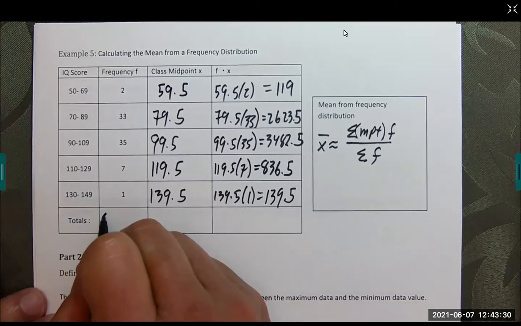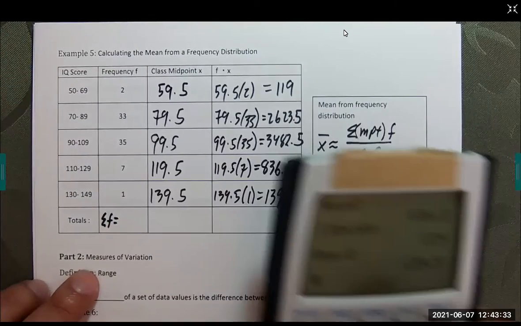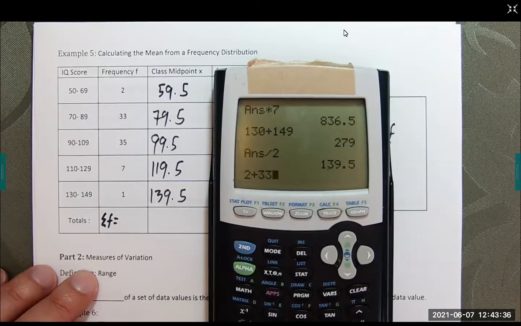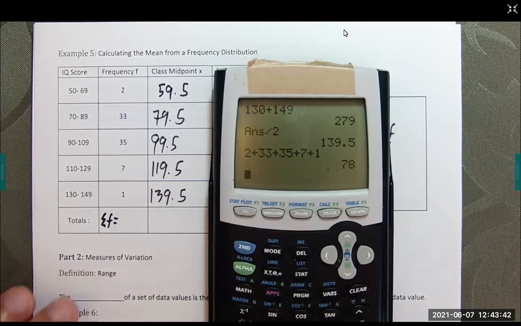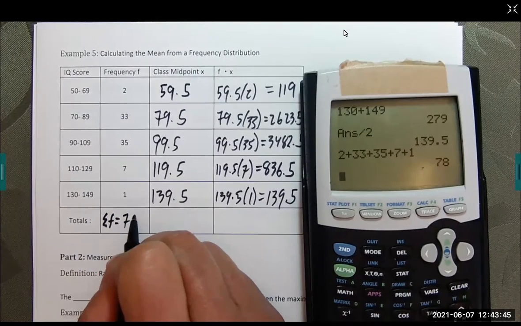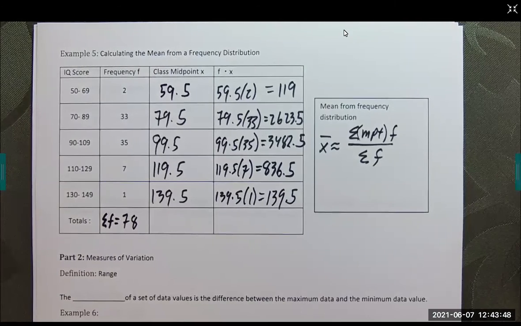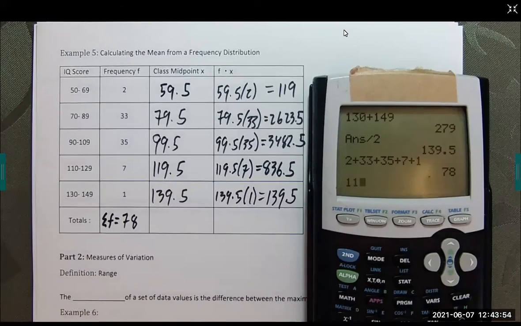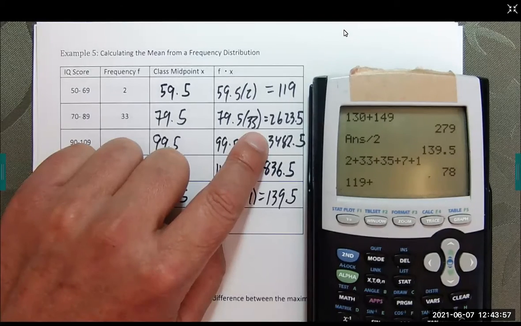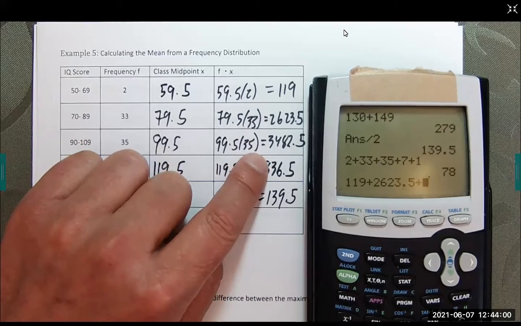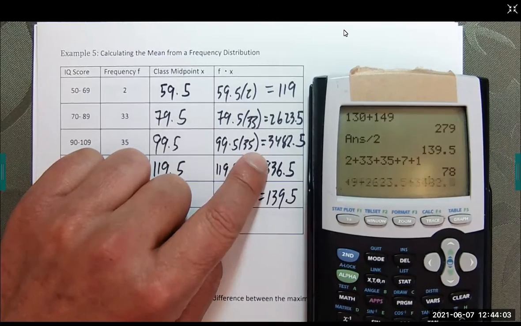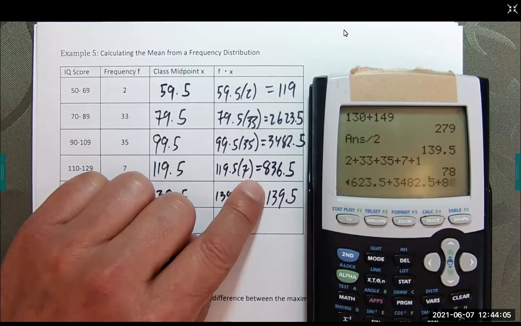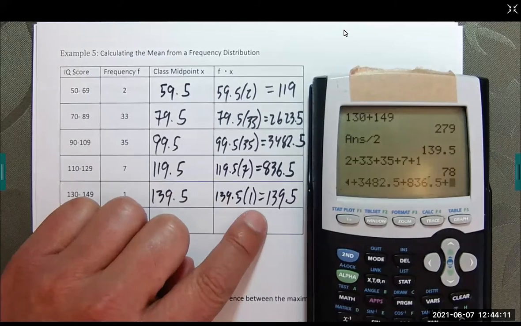This is going to be the summation of f: 2 plus 33 plus 35 plus 7 plus 1, which is 78. And we are going to add these up. That's the numerator, midpoint times the frequency. So that is 623.5, 36.5, plus 39.5.